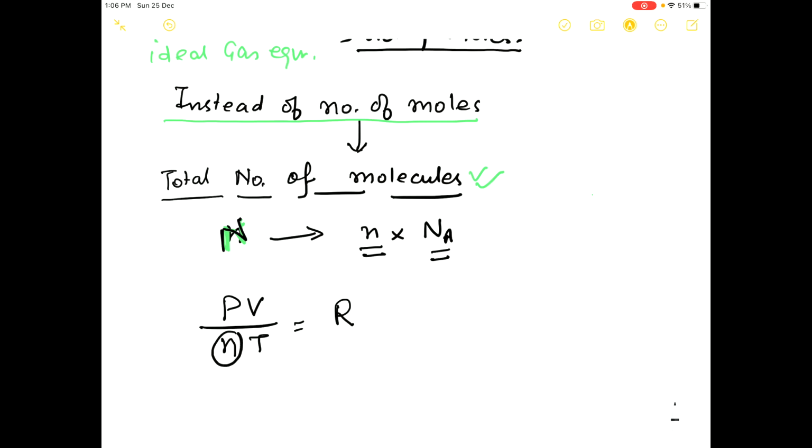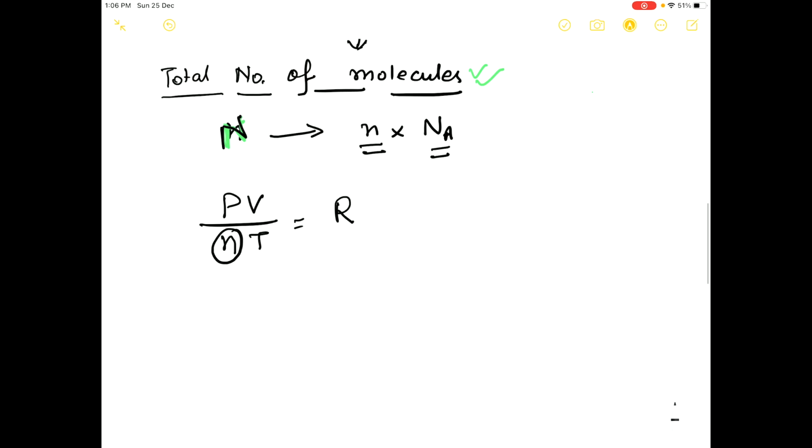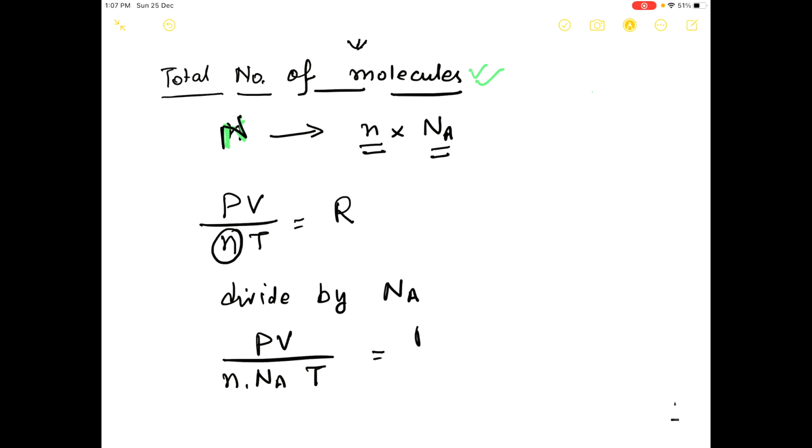If in place of this we take the total number of molecules, then for taking total number of molecules we divide by Na, and this becomes R by Na.